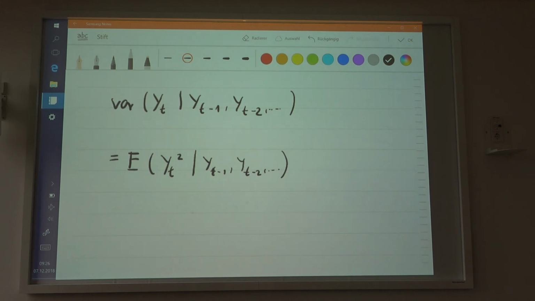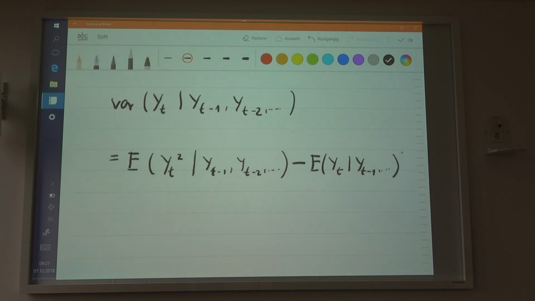Of course, the stochastic volatility process is a martingale difference sequence, so the conditional expectation will be equal to 0, but let me just write it here, the square of the conditional expectation in this case.